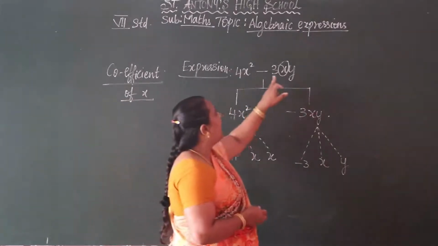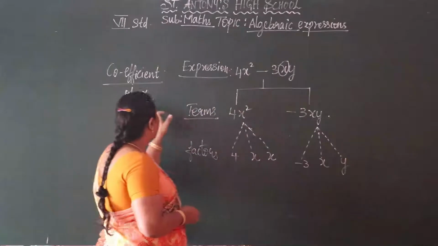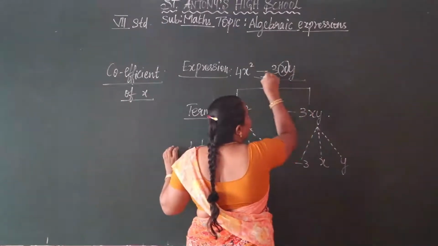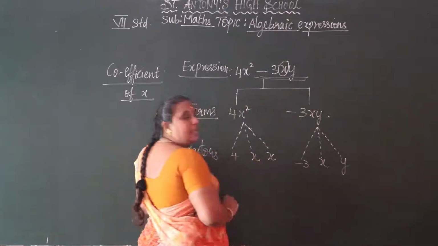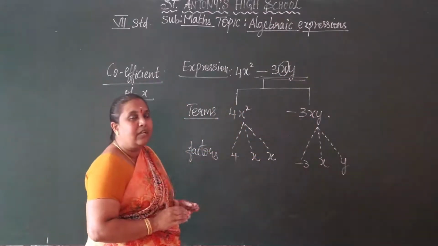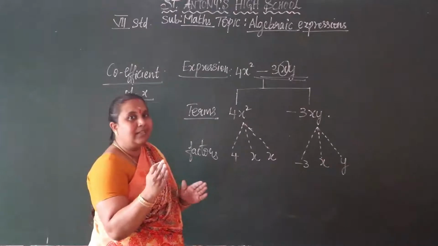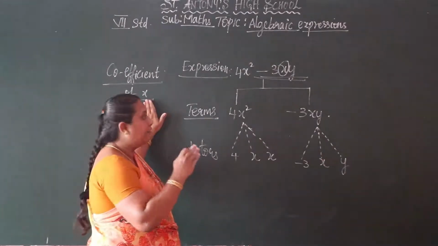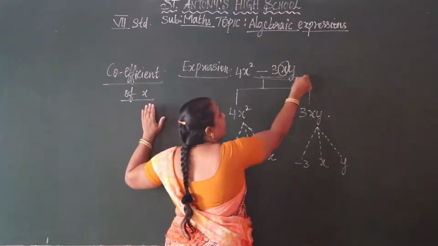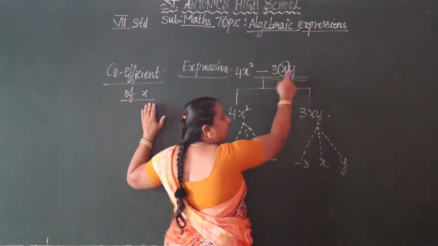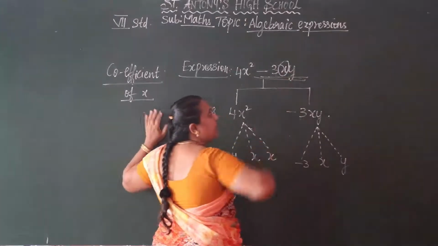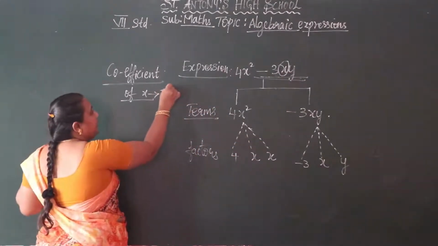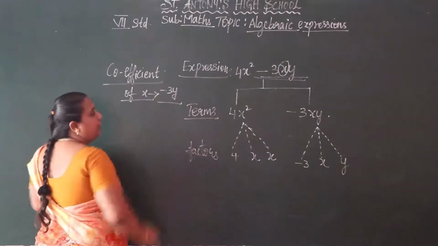The coefficient of x we get from the second term. We leave out that x, and what is left is minus 3y. Minus 3y is the coefficient of x.